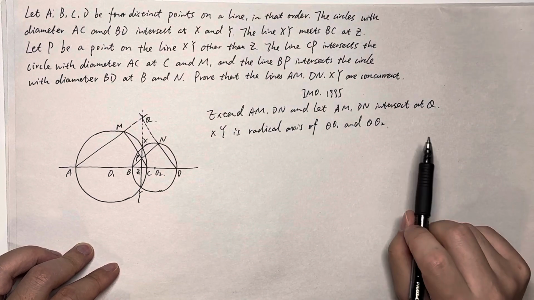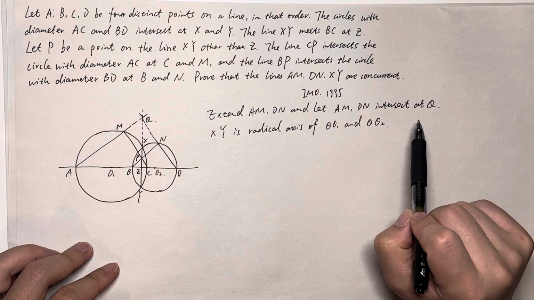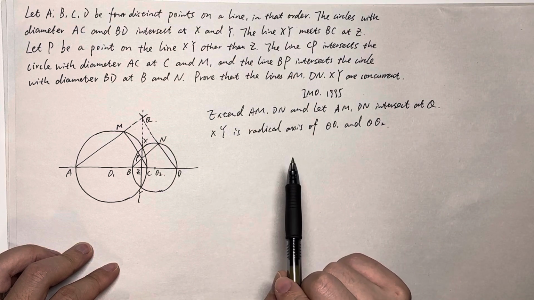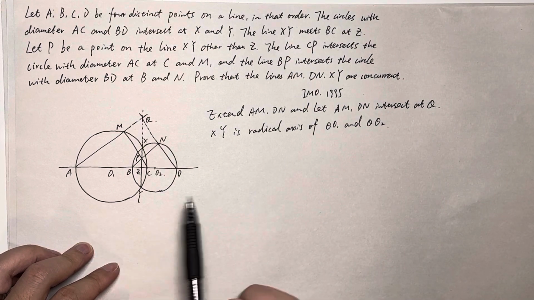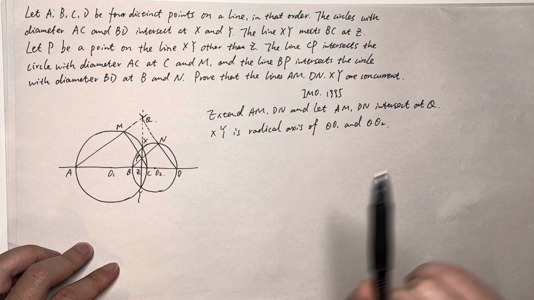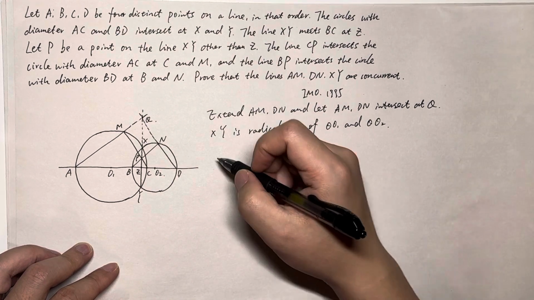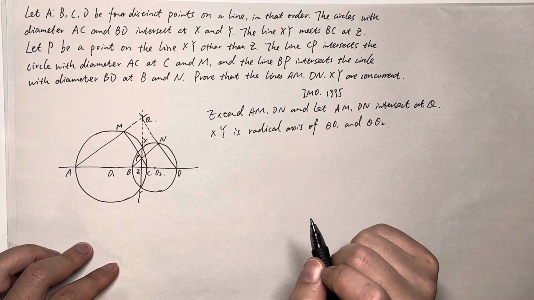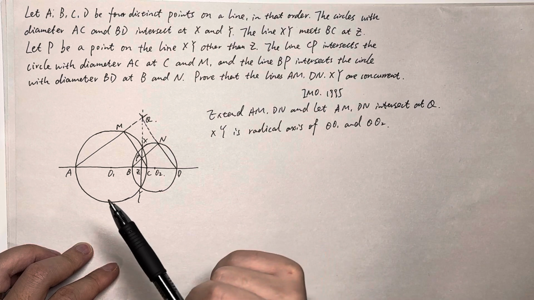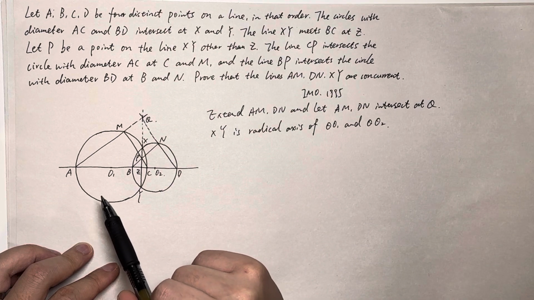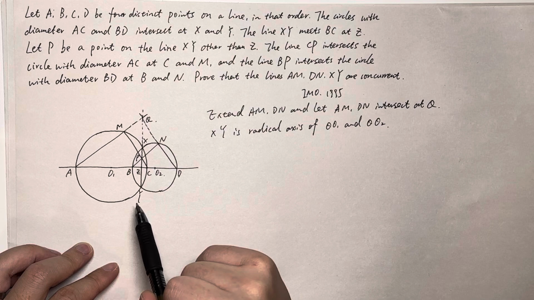So if we want to prove that a point is on the radical axis of two circles, we simply need to prove that this point has the same power to the two circles, right?